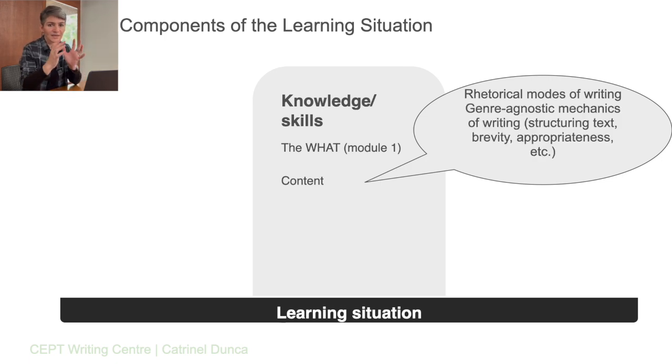Along with this, the area of knowledge that goes into the making of the learning situation also entails being very aware of what we call the genre agnostic mechanics of writing. These are things like how a text ought to be structured, whether it is short or long, and whether there are differences among these. Things like brevity, things like appropriateness in the language we use and the vocabulary, they cut across genres.